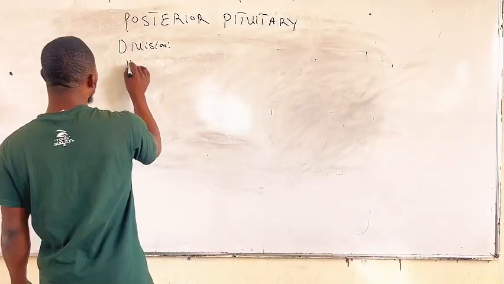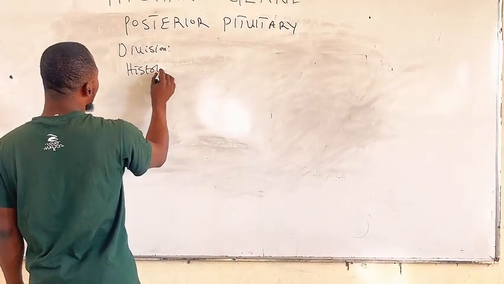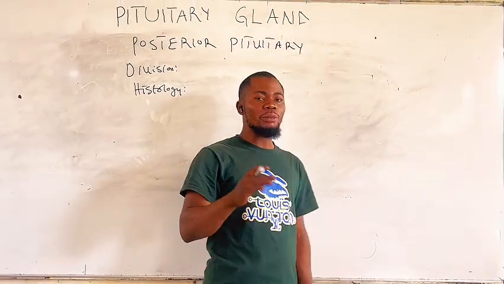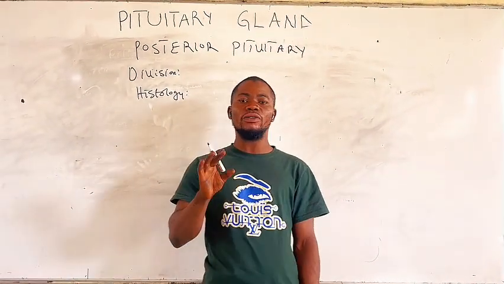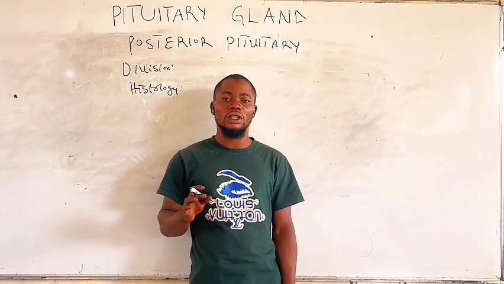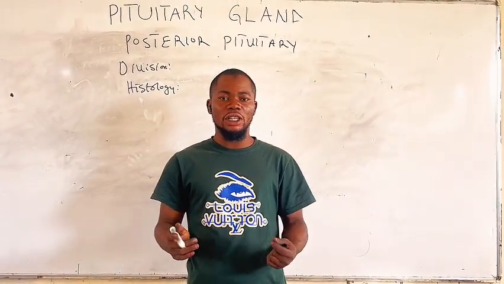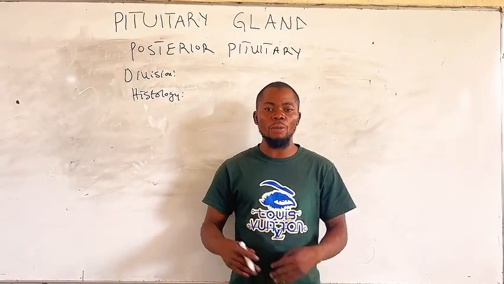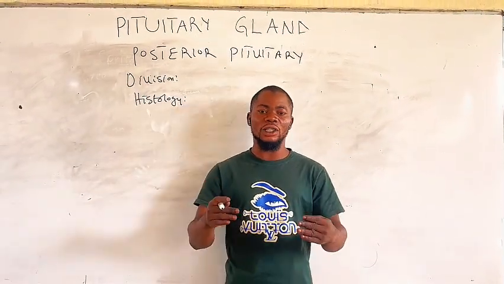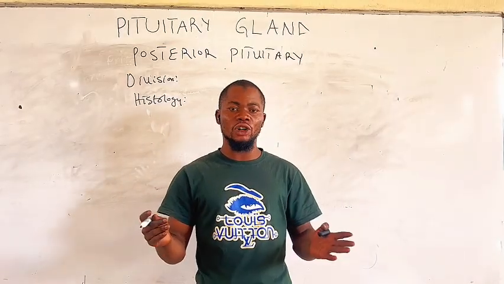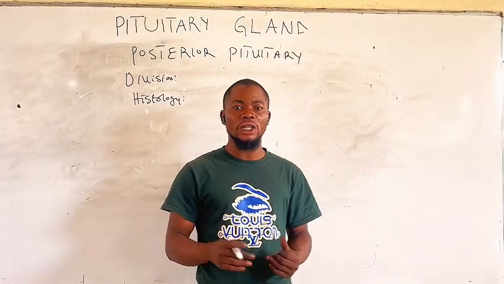Histology of the posterior pituitary gland. Posterior pituitary gland is majorly made up of two different types of cells: the pituicytes and unmyelinated nerve fibers. The pituicytes are derived from the glial cells, which serve only as protective cells. They do not participate in neuronal activity, and they do not participate in hormone secretion.